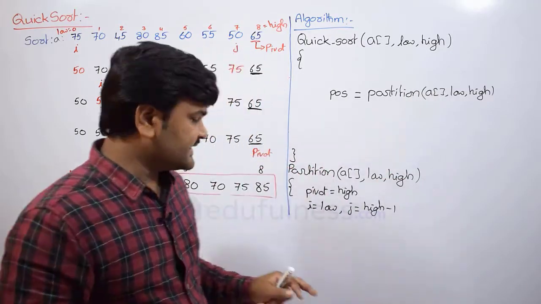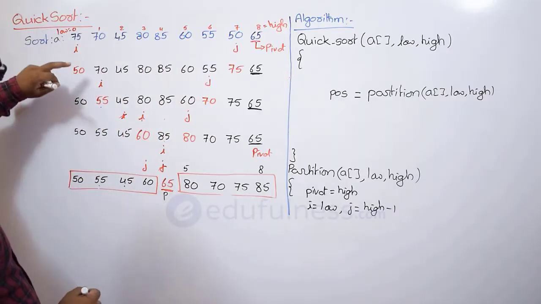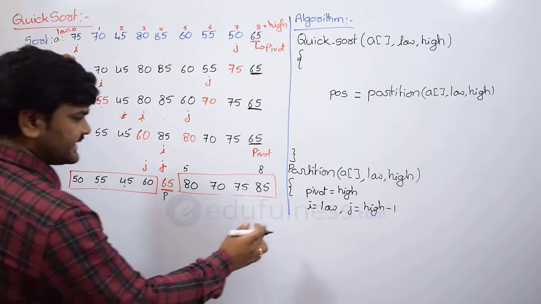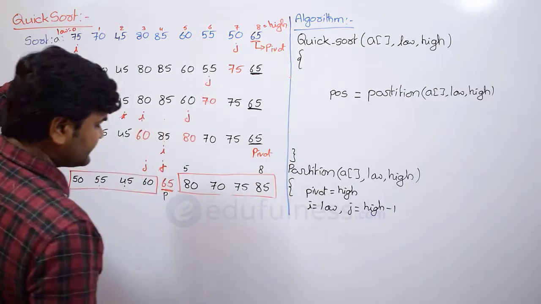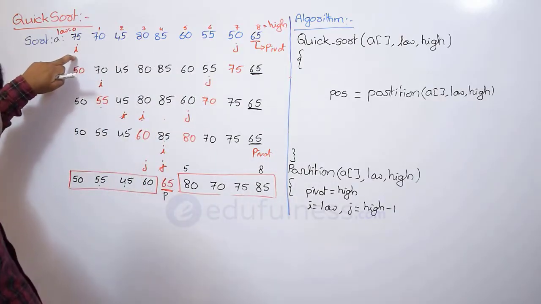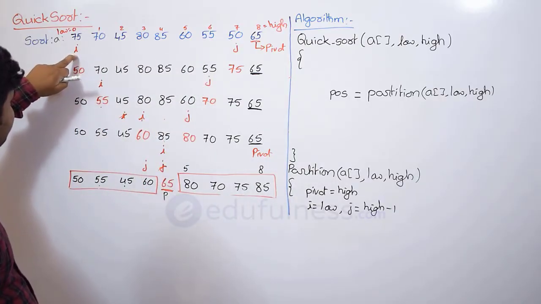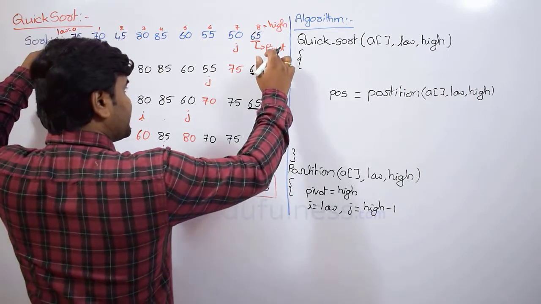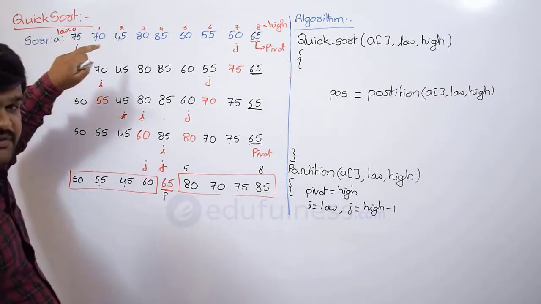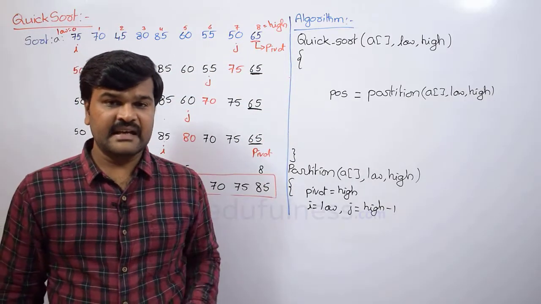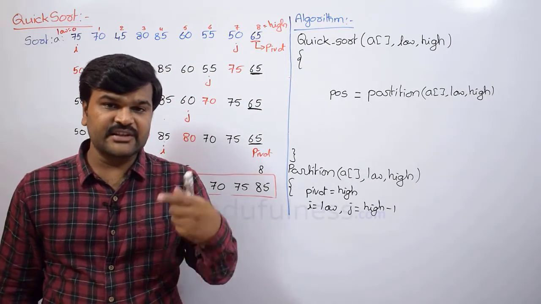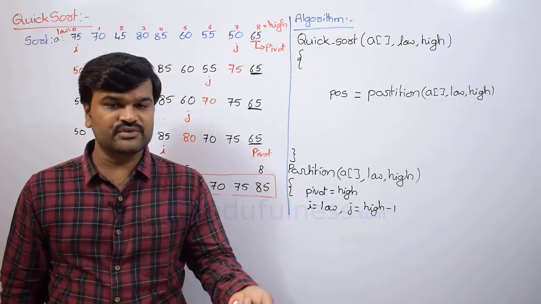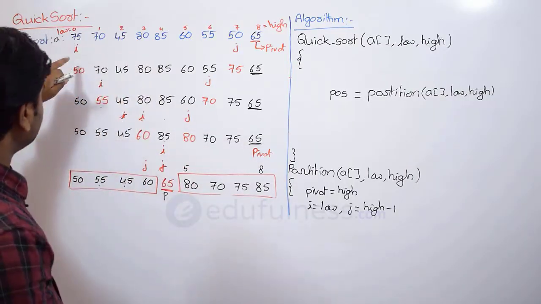Then what we did, let us try to observe. See here, i is here. After i and j values are set, what are we doing? This ith position element we compare with the pivot, and if you see our steps, repeatedly you have to do this, that means we have to use loops. So I am using a while loop here.